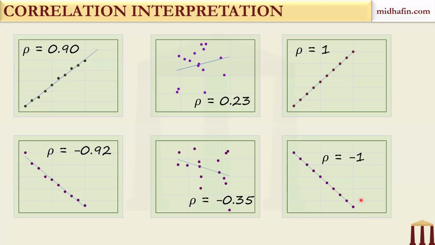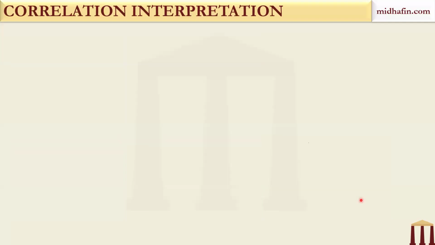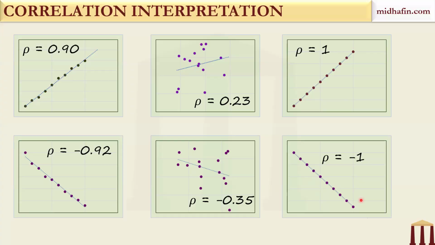Sir, while plotting these points, by default, do we always take them in the first quadrant? No, actually, it will depend on the data set. Let's say you have the data set on the negative side also. For example, you can take a practical example.